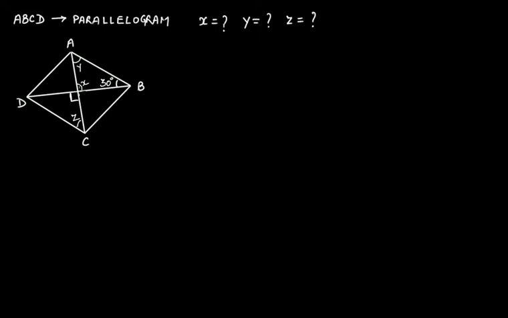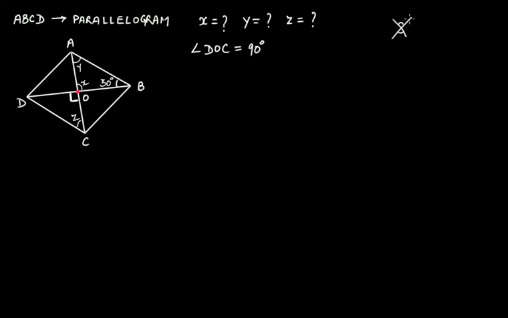Let's say the point of intersection is O. So you can see that angle DOC is 90 degrees, because this mark tells you that this is actually 90 degrees. Now if you look at the diagonals, that is BD and AC, you can clearly see that this angle, that is X1, and this 90 degrees, these are actually what? Vertically opposite angles.